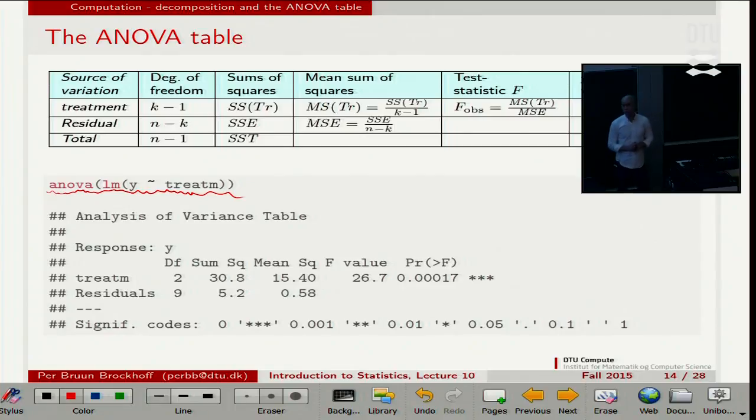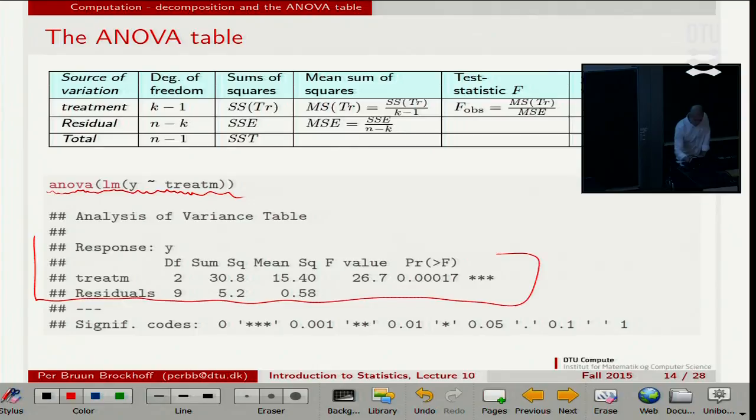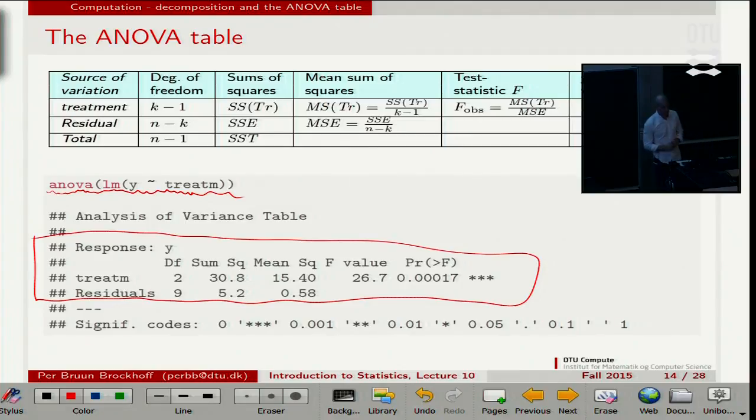And if you use ANOVA on the output of such a linear model call that I showed you, where you take Y to be described by treatments, where treatment is a factor, a grouping factor, then R will spit out a table like this, which in a more friendly or formal way is the table that I've put above.